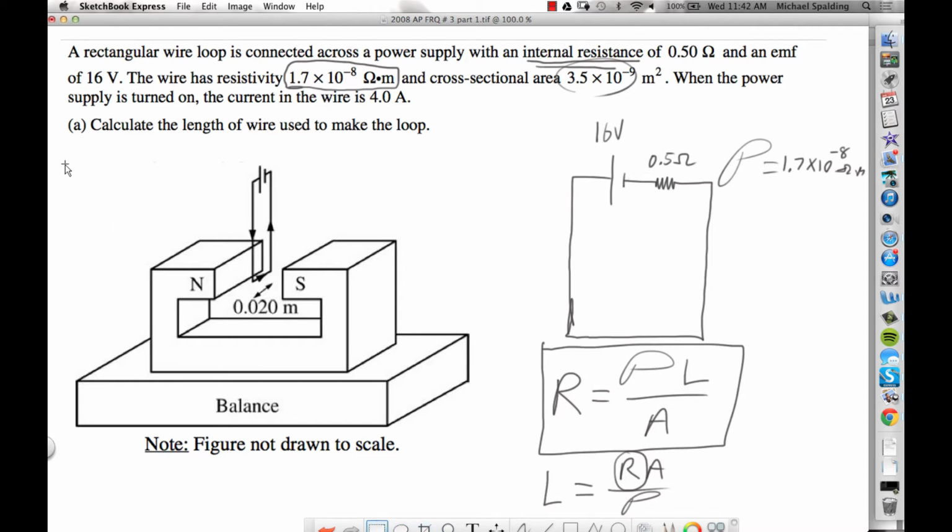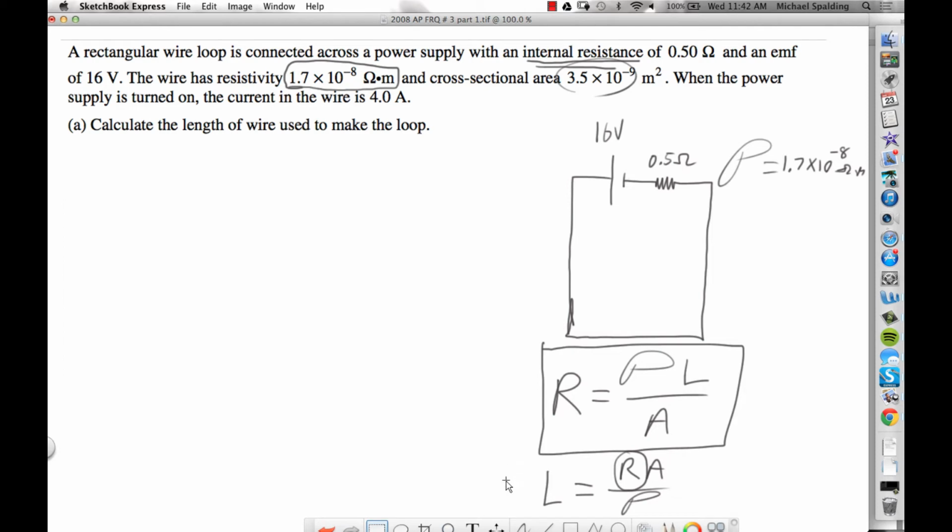Now, they give us some more information. When I was doing this in a hurry, I failed to note that they give us more information right here. When the power supply is turned on, the current in the wire is 4 amps. I equals 4 amps.